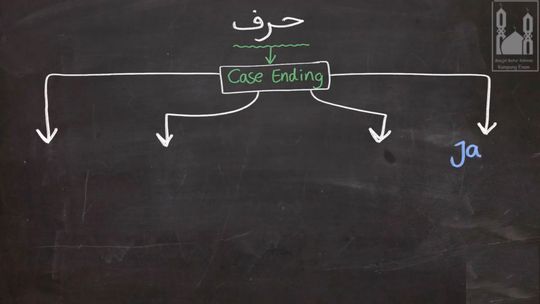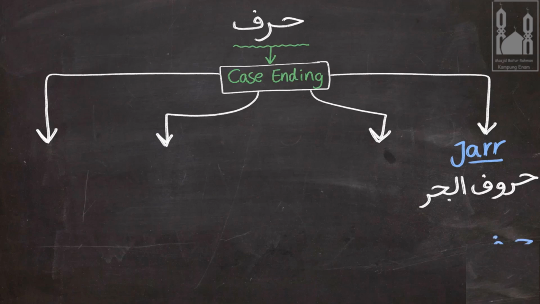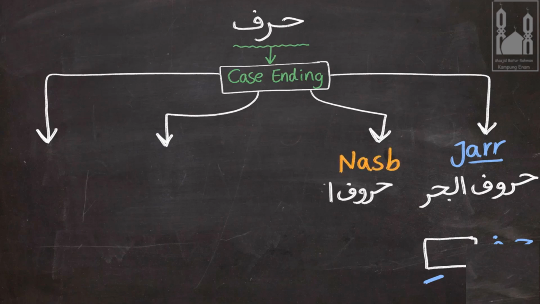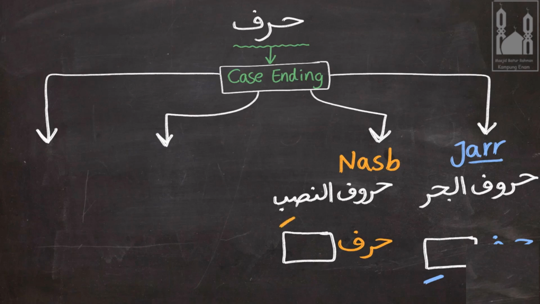First, particles of jar or kasra, or in Arabic, huruf al-jar. So these ones cause the words after them to have kasra. The second type is particles of nasb or fatha. In Arabic, we call them huruf al-nasb, which causes the word after them to have fatha.